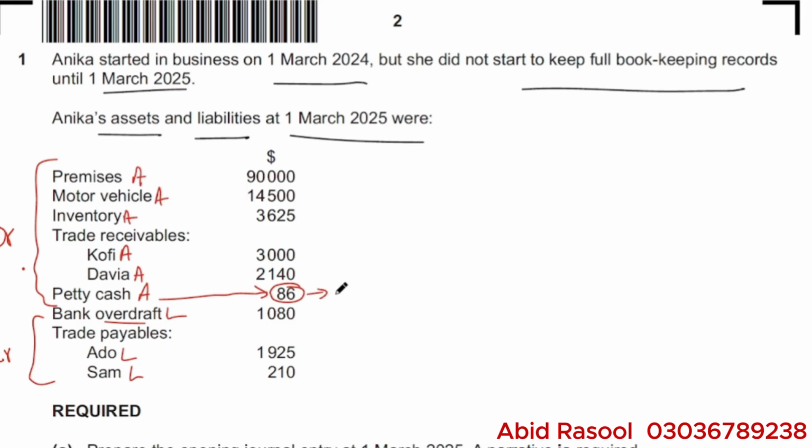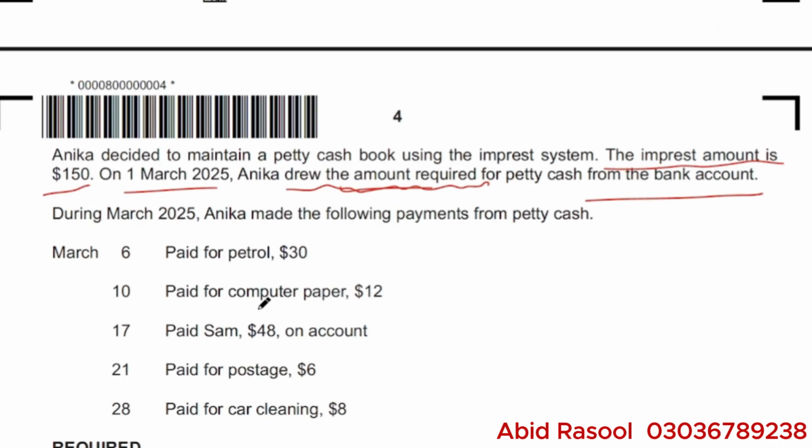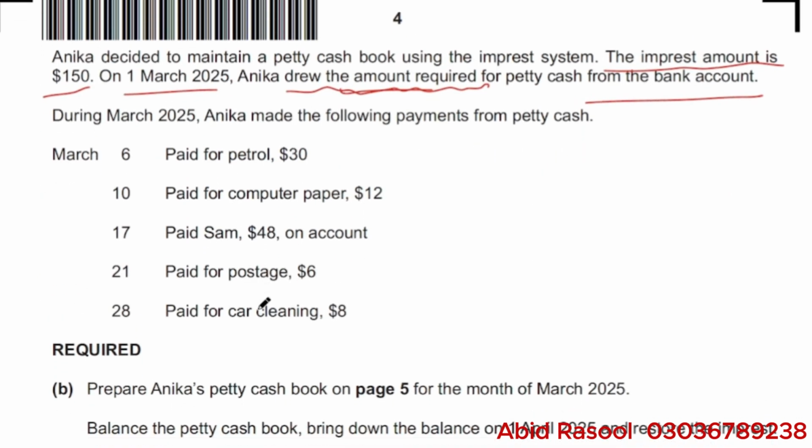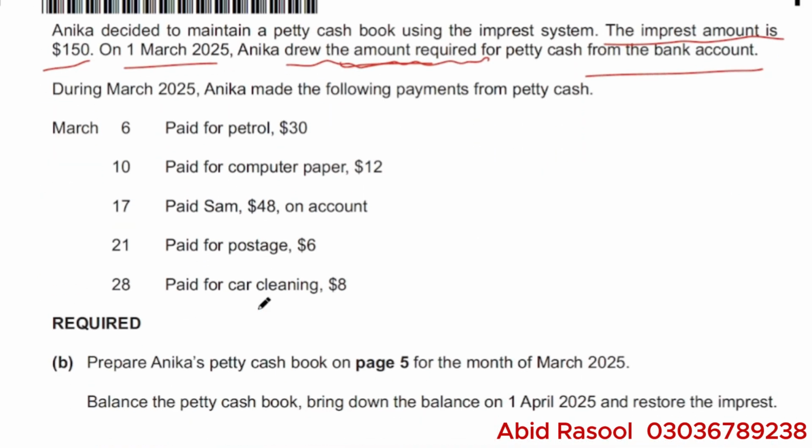It means our petty cash contains this $86 on this date. On 1st March, our petty cash book contains $86, but we have to make it $150. Now we see how we will do this reloading or refilling of our petty cash.